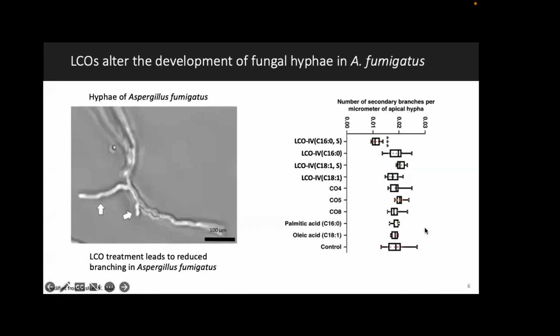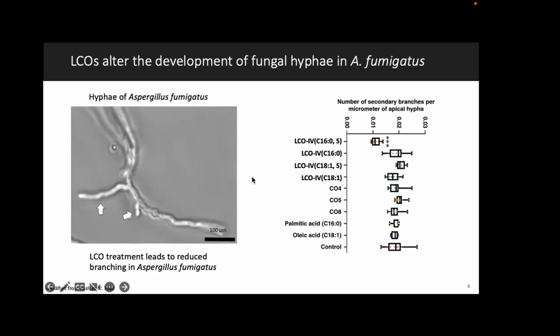But something that was specific to LCOs was how it changed the morphology of hyphae. So what we're looking at here is Aspergillus fumigatus, I want to say around 12 to 13 hours after germination. So here we have the main hyphae of that individual. And what we're looking at here are the secondary branches.